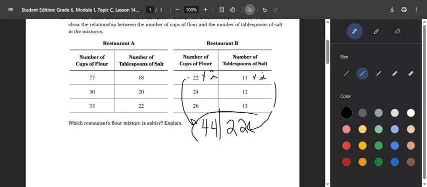So then I can use this ratio and this ratio to make a comparison. So when I have 22 tablespoons of salt in both recipes, restaurant A uses only 33 cups of flour, but restaurant B uses 44 cups of flour. So all of the flour from restaurant B's recipe dilutes the saltiness. So restaurant A's flour mixture is going to be saltier.